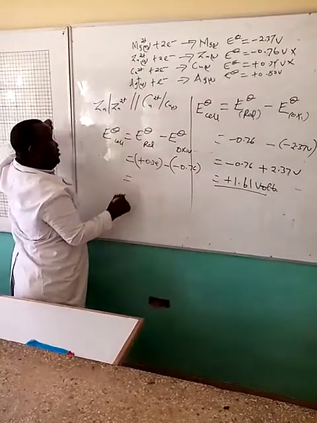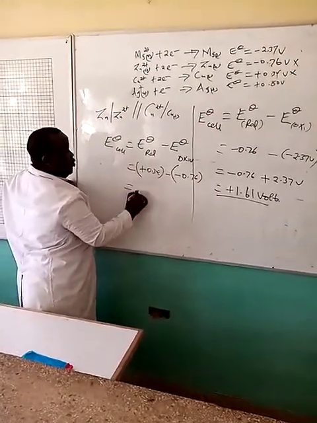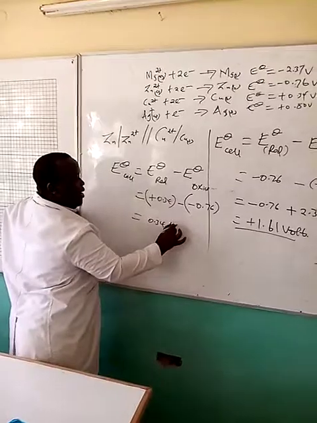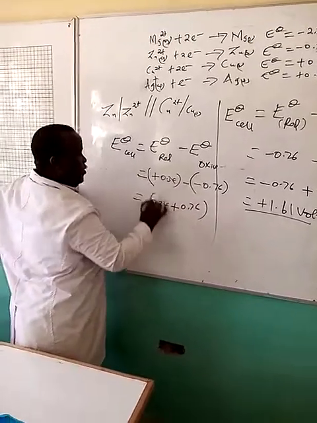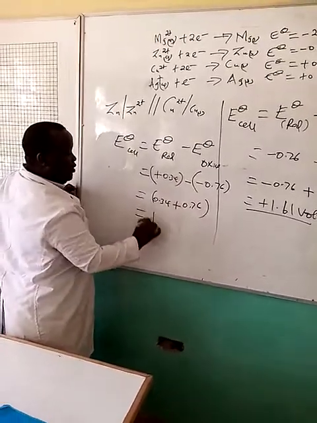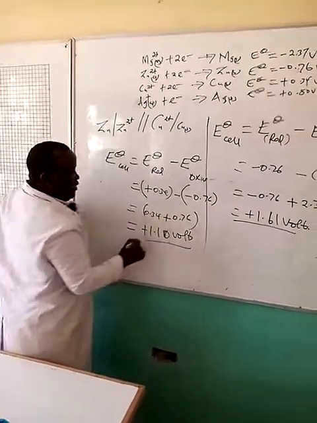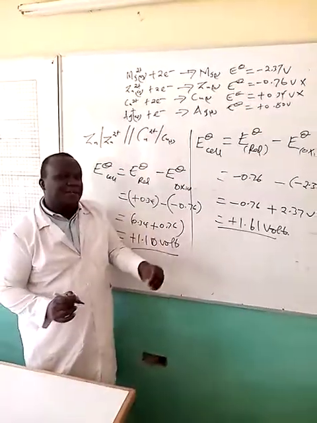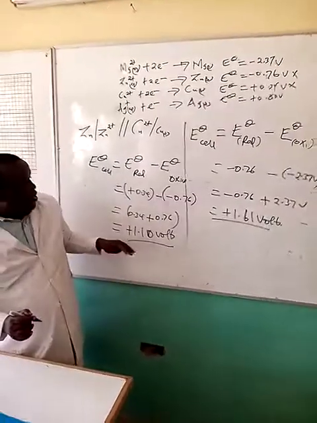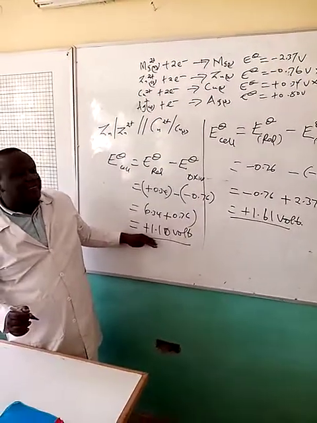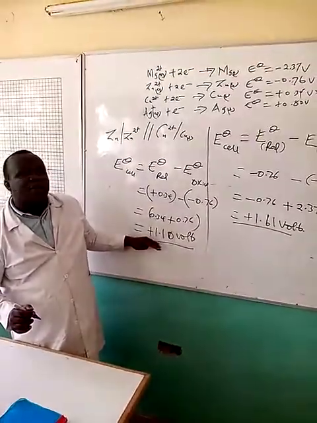So if you work it out, you realize that it's going to be 0.34 plus 0.76. All this will give us positive 1.10 volts. So this is what will be deflected in the voltmeter. This is how we calculate the inert values of electrochemical cells.